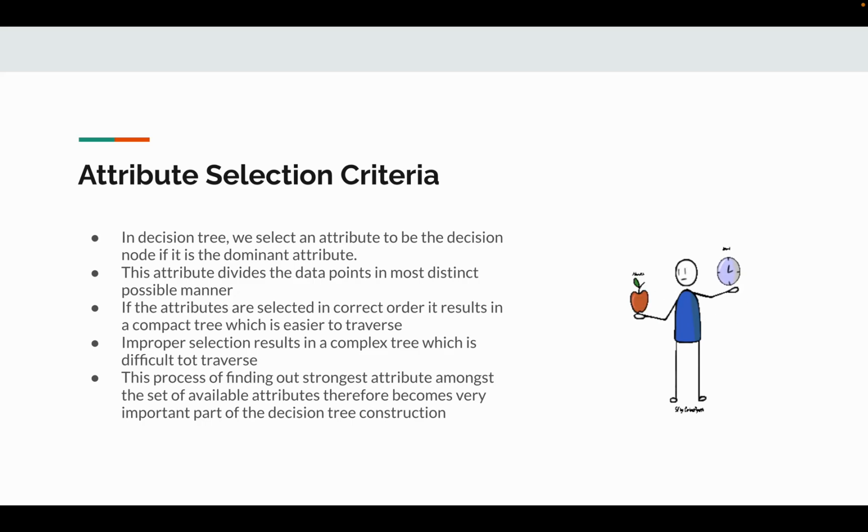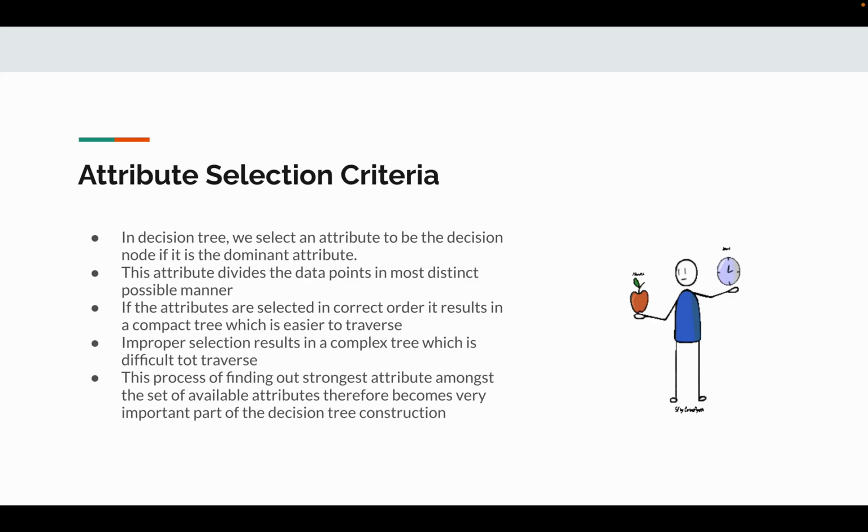The reason we select the best attribute in decision tree construction at every step is that due to this, we will get a tree which is very simple and compact and will arrive at a decision with only a few traversals. Whereas if we select the attributes in the wrong order, it would result in a tree which is so complex that it is difficult to traverse.